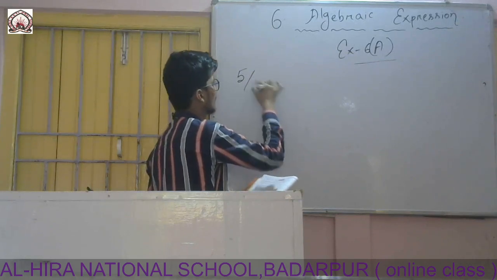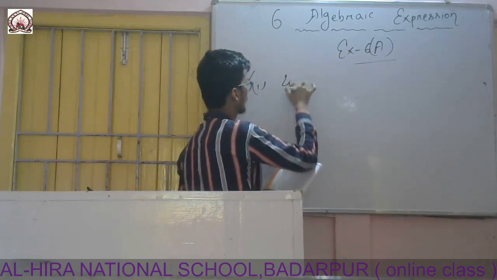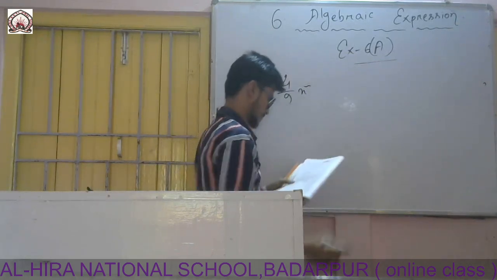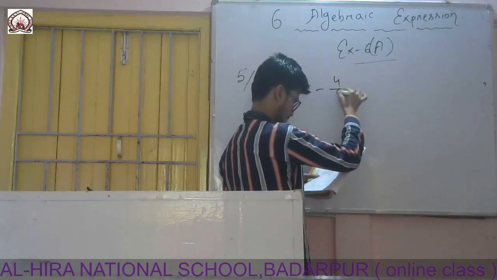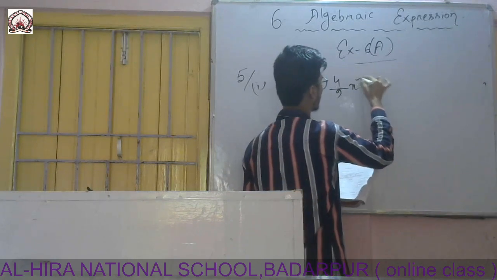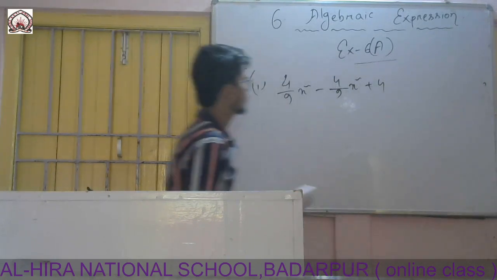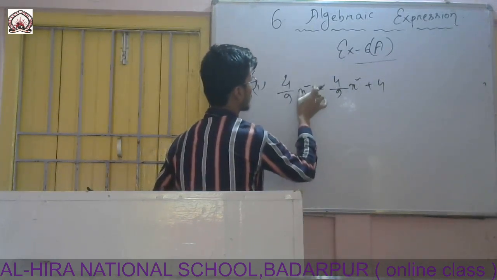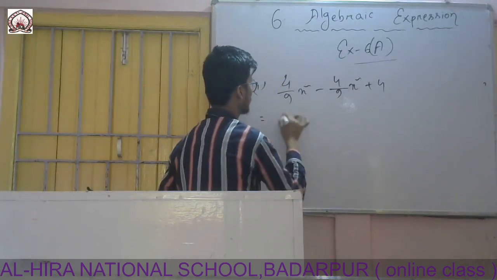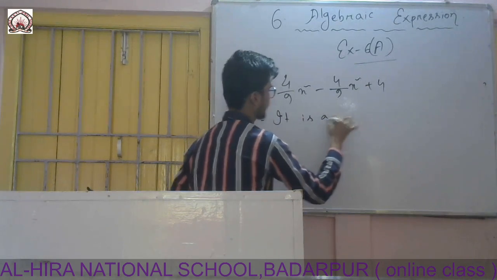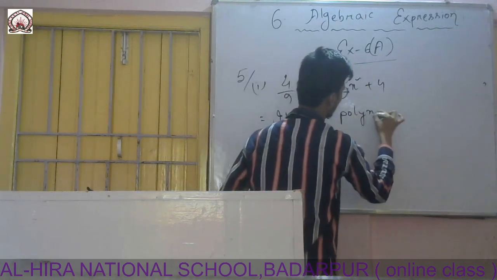5 Roman 1. 4 by 9 x square minus 4 by 9 x square plus 4. So is it a polynomial? Yes. This x square is on the numerator. This x also is in the numerator. So it is a polynomial.